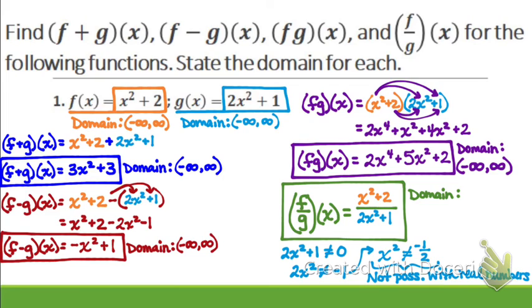So if it's not possible for my denominator to equal 0, do I have to worry about any restrictions to my domain? Nope. Nothing will make that denominator 0. So we can put anything we want to in for x, so long as it's a real number.